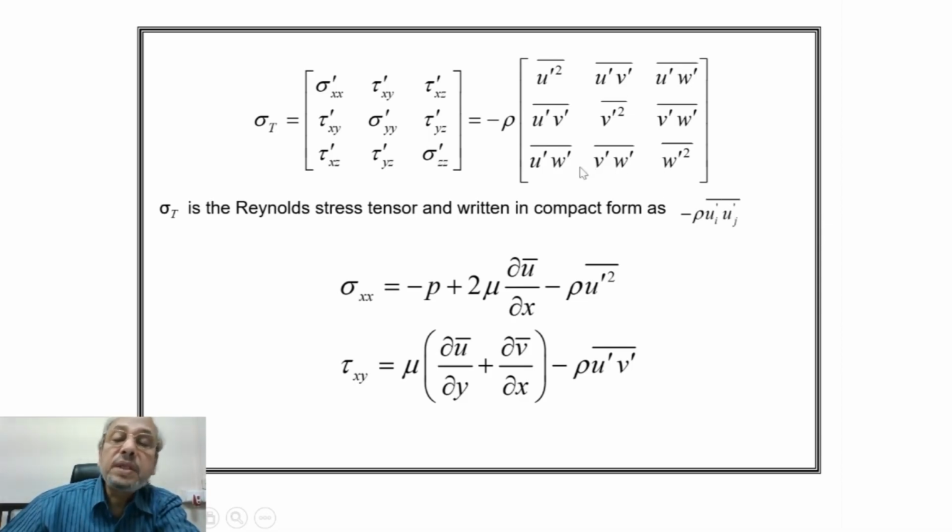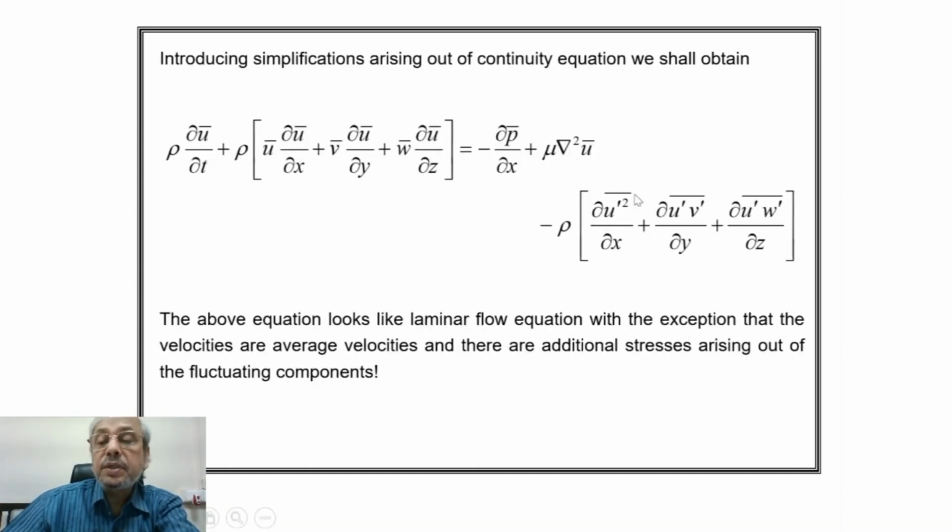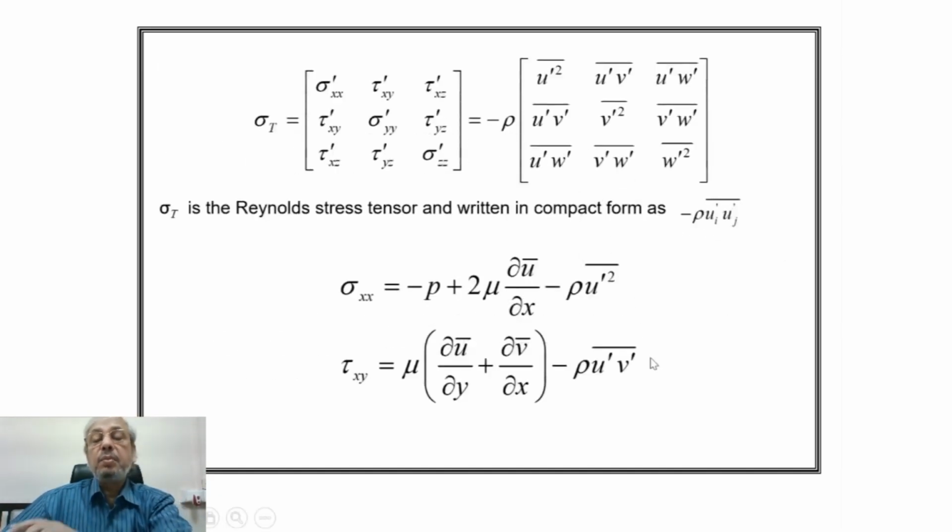And obviously, when we get them in the momentum equation, gradients of them appear, just like the molecular stress, I mean the usual shear stress and the normal stress. Here also we'll get the contribution of this stress tensor in the momentum equation.